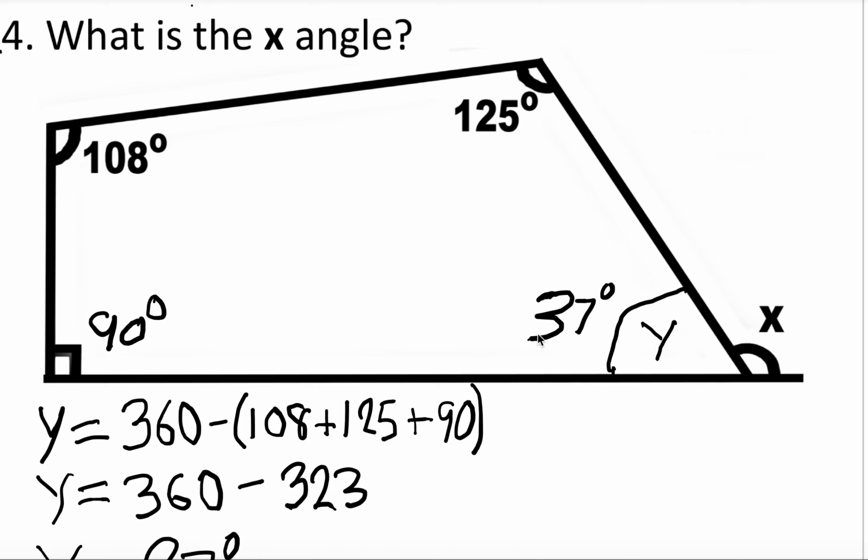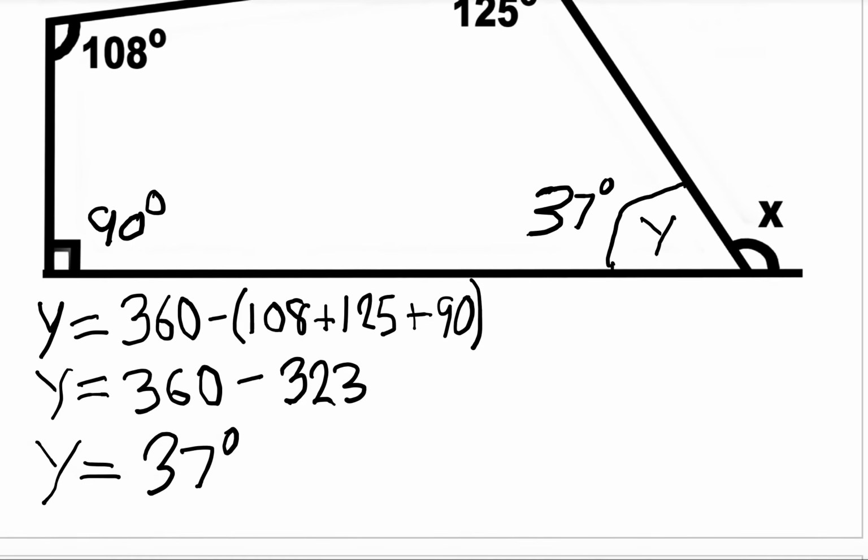So the other rule that we know is a straight line. A straight line adds up to 180. So we know that X is going to equal, I'm going to write it here, because all angles on a straight line add up to 180.